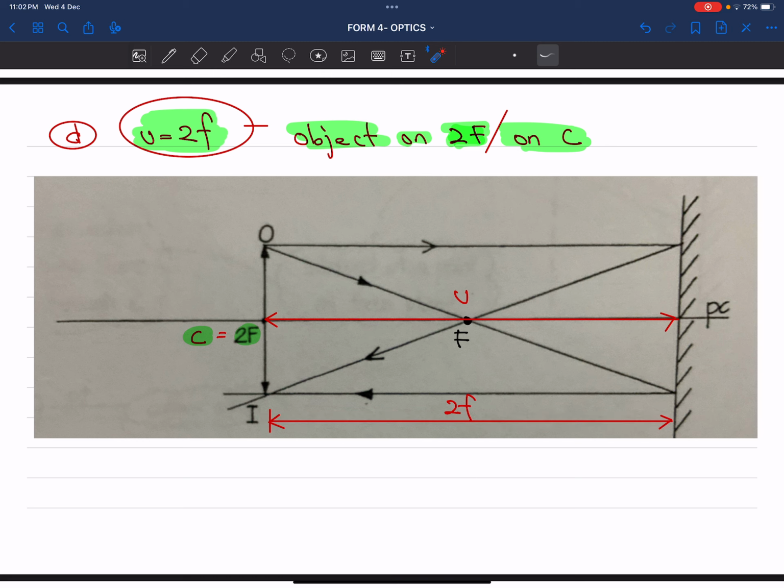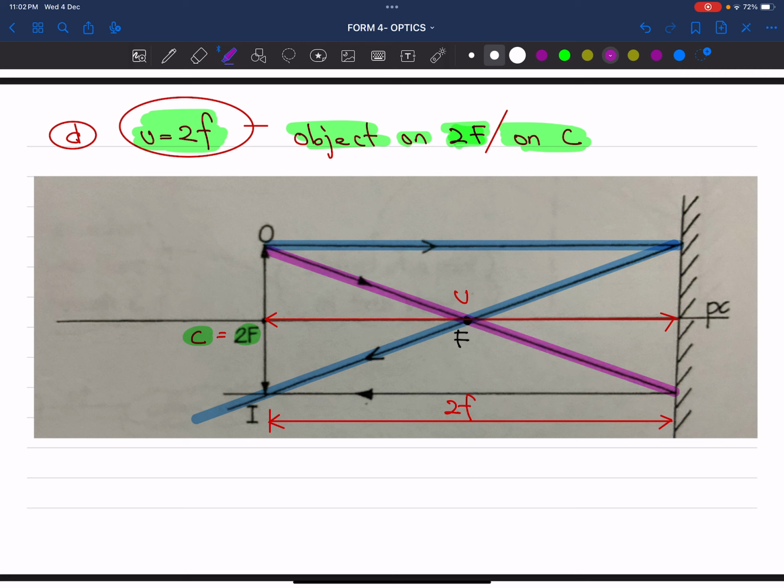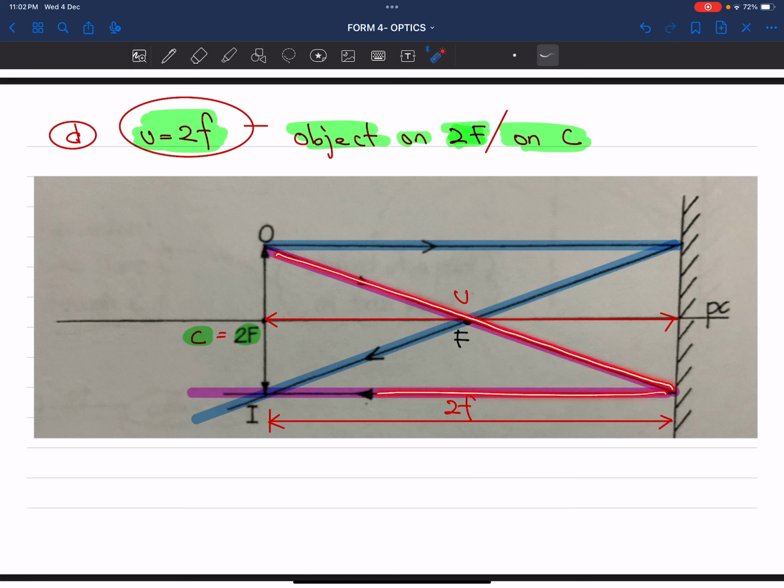And how are we going to get the image? As usual, a light ray that is parallel to the principal axis, after reaching the mirror, reflects and will go through F. Second, a light ray that is going through F, after reaching the mirror, reflects and becomes parallel.